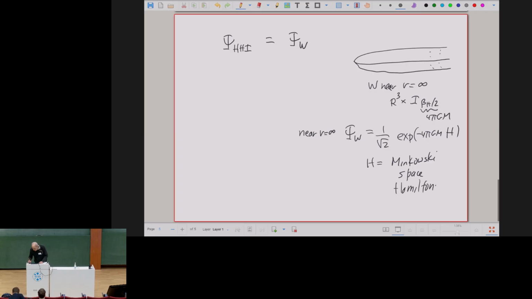In Rindler space and de Sitter space, I had to tell you what operator we were treating as the Hamiltonian, but here it is literally the usual Minkowski space Hamiltonian. So I hope you all recall that this is, therefore, the thermofield double state of a thermal ensemble in Minkowski space.